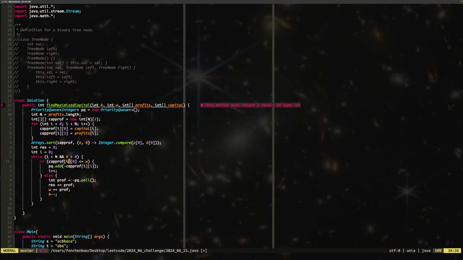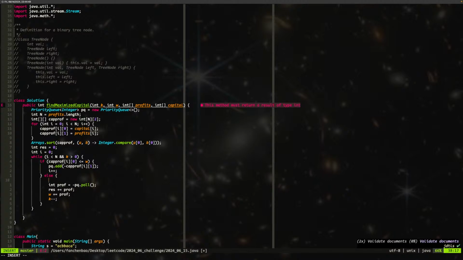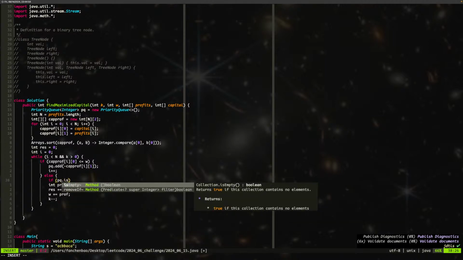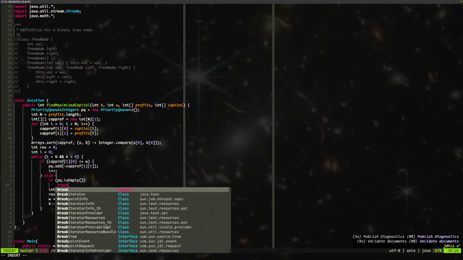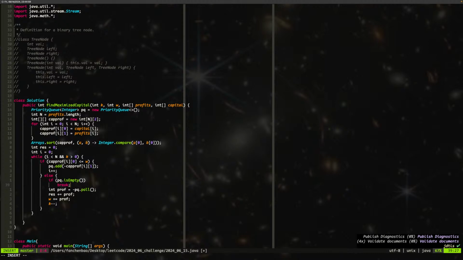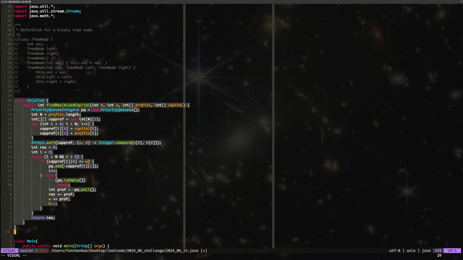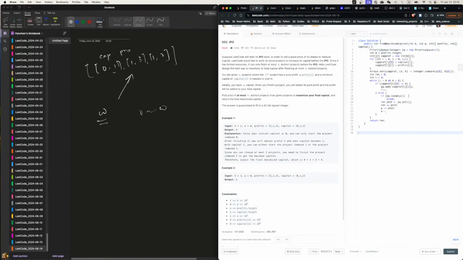So it should be like here: if PQ dot is empty, then we just break, because we don't have anything to pull, and we simply return res. Okay, let's take a look. Does this make sense? No, it does not. Output 1 and 3 should be 4 and 6.